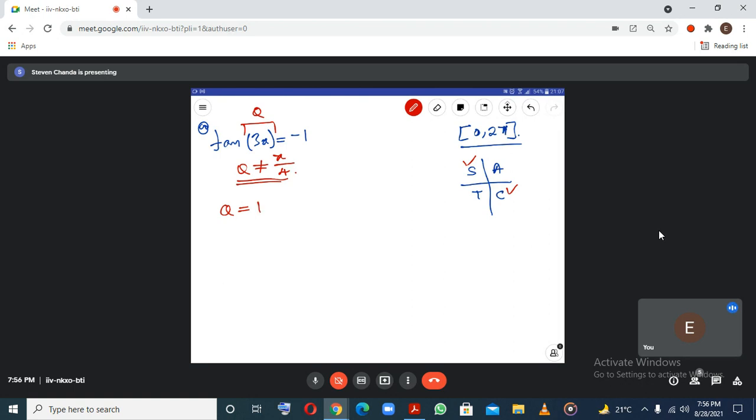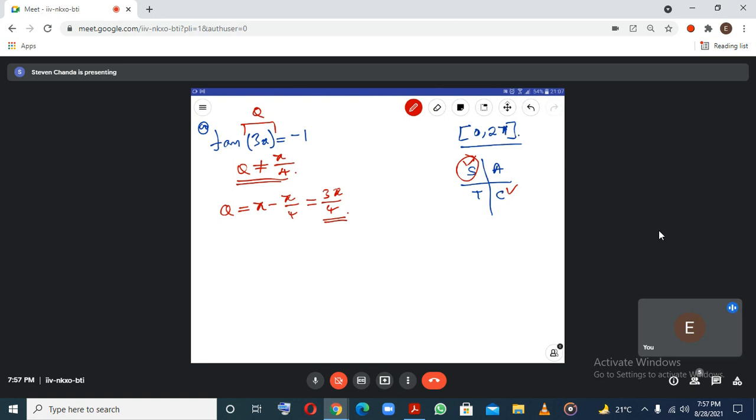We are going to say 180, so pi minus pi over 4. You are going to have 3 pi over 4, which in degrees is 135 degrees, isn't it? And this is in the second quadrant, so this is an answer.